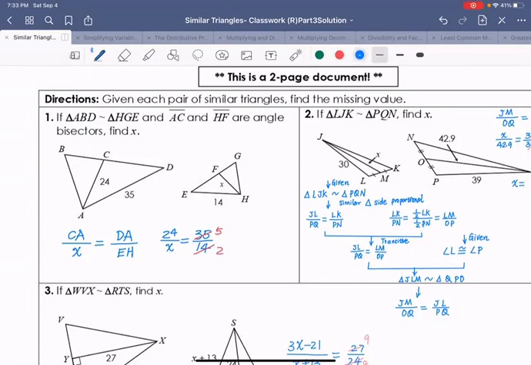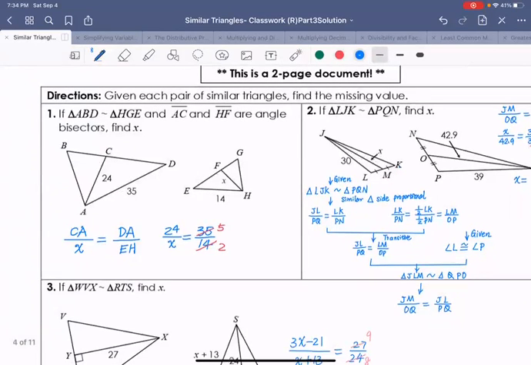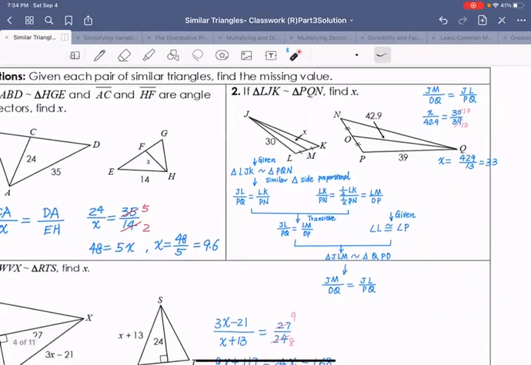Next, 24 times 2 is 48, and then it's 5x. And 48 divided by 5 is 9.6. Yes. Smart girl. Put a dot. Okay, that's it. Very good.